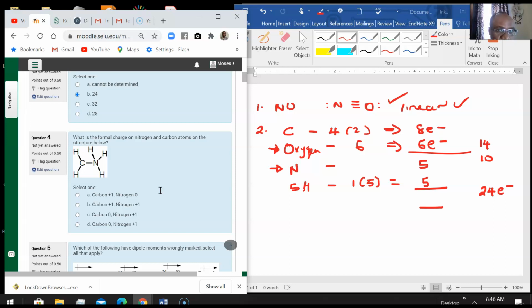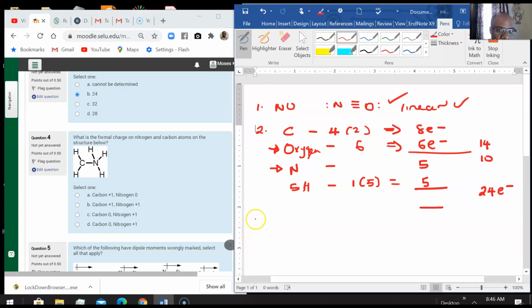What is the formal charge on nitrogen and the carbon atoms in the structure below? So, formal charge calculations, we have this structure right here. I think that's question 4. Remember the formula? It's simple.